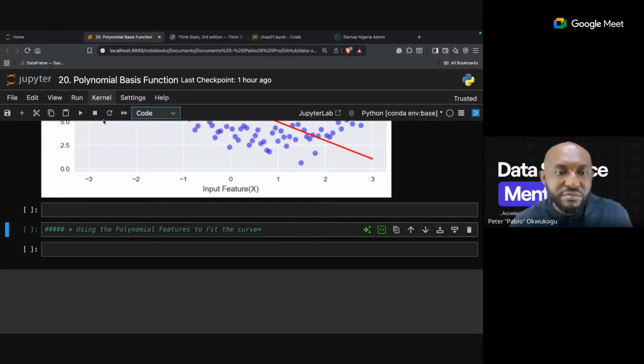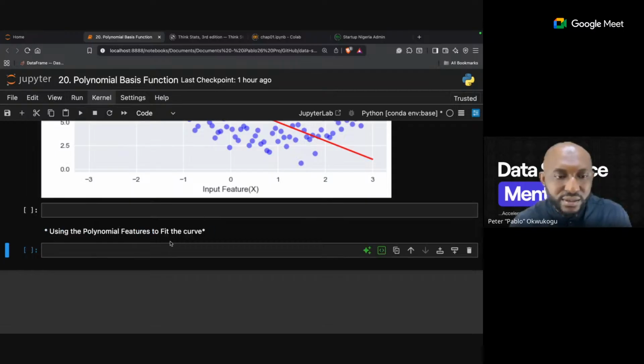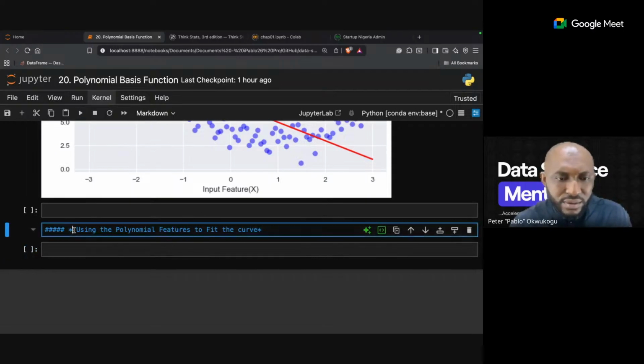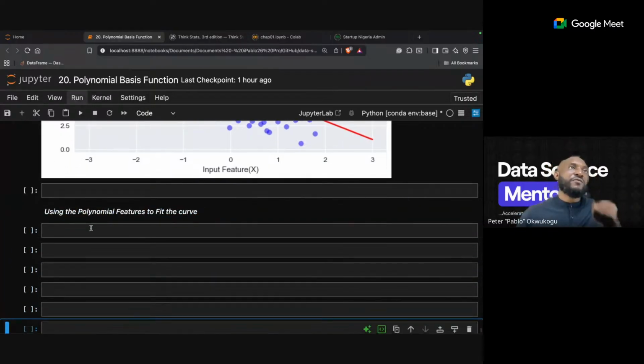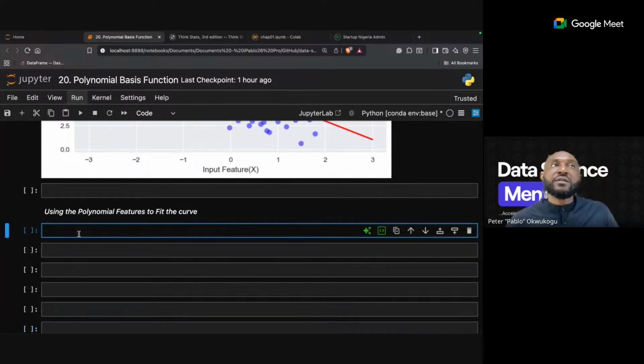Let me basically just run through this. The first thing we want to do is import the model class, and also create a pipeline so that it makes things really fast.